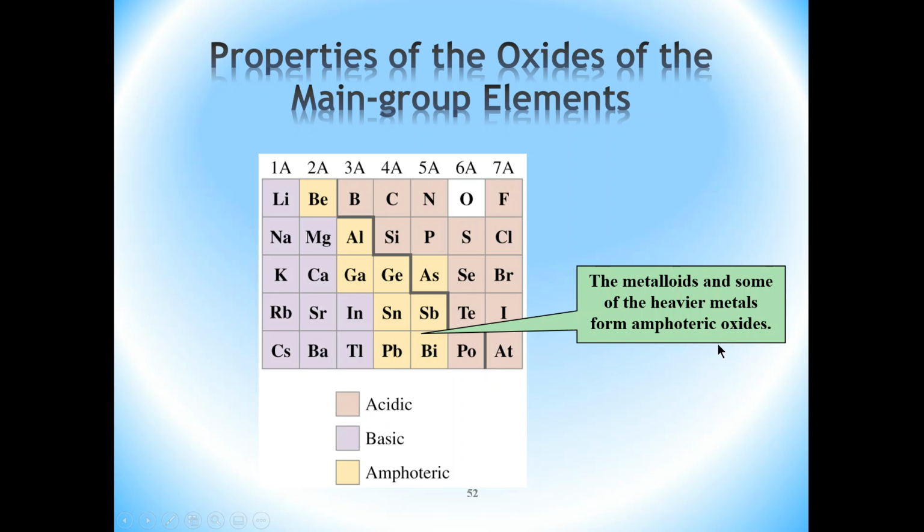These tend to form amphoteric oxides. They form oxides which behave as both acids and bases. Acidic oxides, on the other hand, tend to be, as I said before, non-metallic oxides, and basic oxides tend to be formed by elements in the S block region, and some others as well, but mainly in the S block region, with the exception of beryllium.